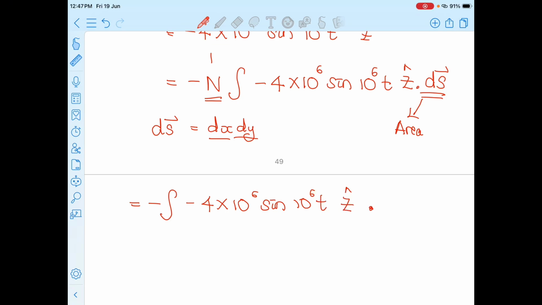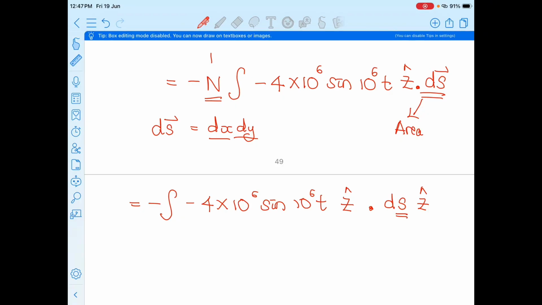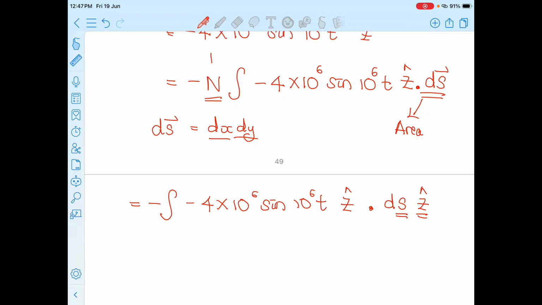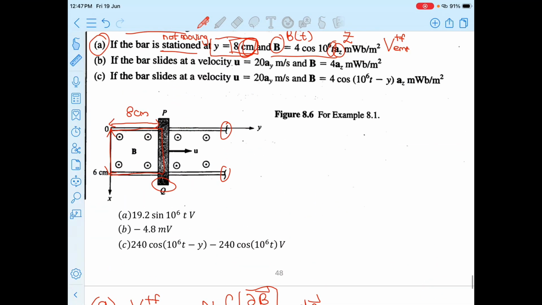Remember I have a dot product here, which is dS and z. My surface area of the loop is facing the z direction, so over here I will put the area of this loop.